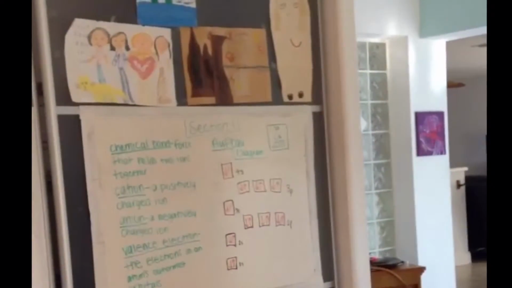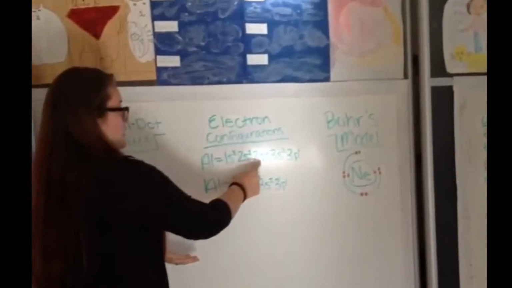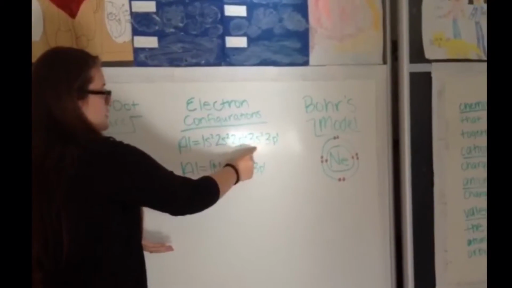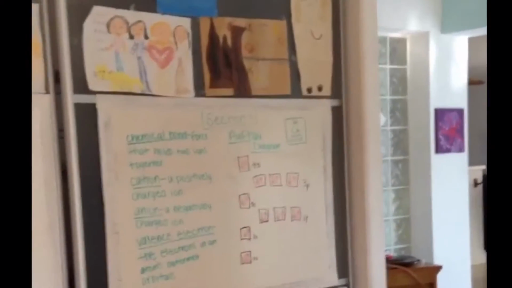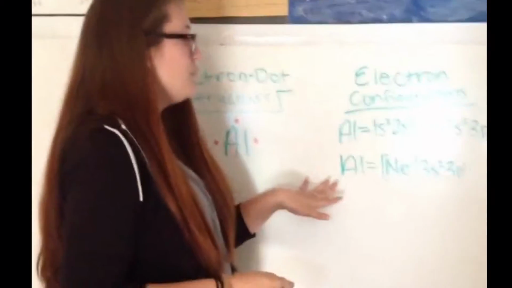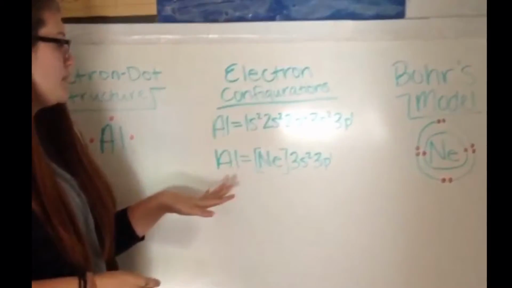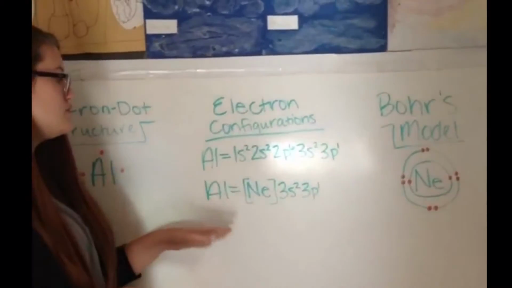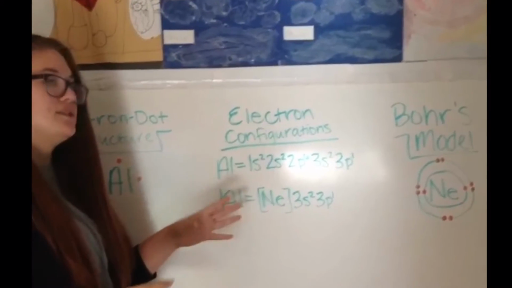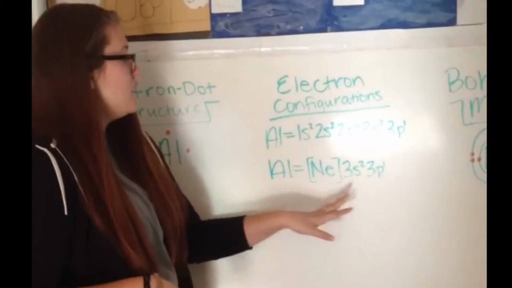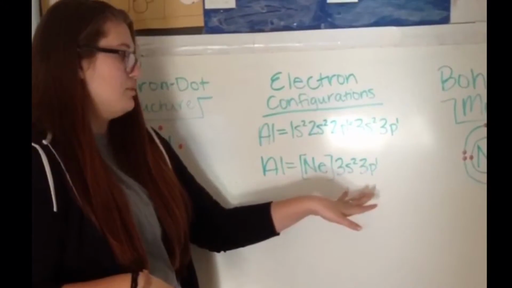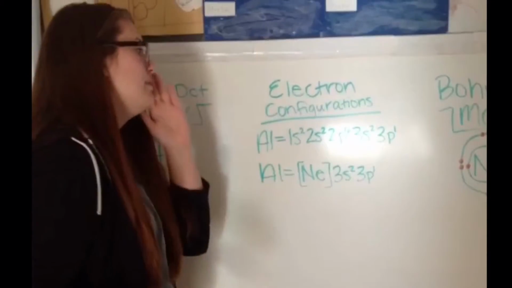So it filled up 1s2, 2s2, 2p6, 3s2, and 3p1 because it only has 13 electrons. But that's the long configuration, and when you do the short configuration for aluminum, you use the closest noble gas to it that doesn't go over it in amount of electrons. So it would be neon, and then 3s2, 3p1, and that would give you 13.